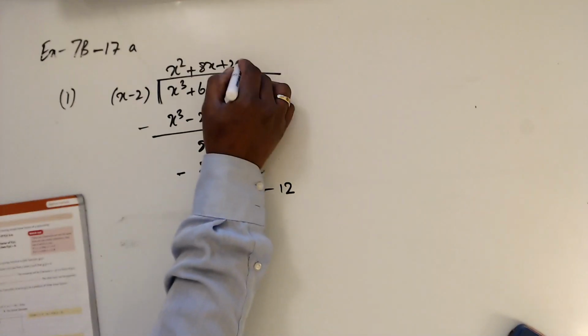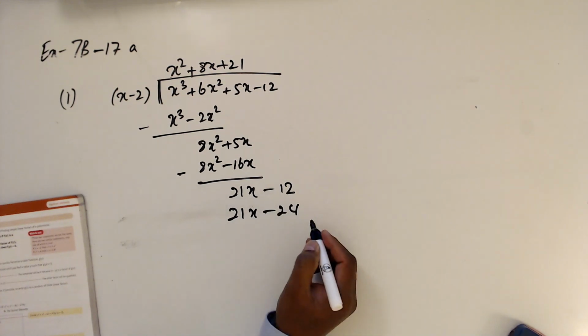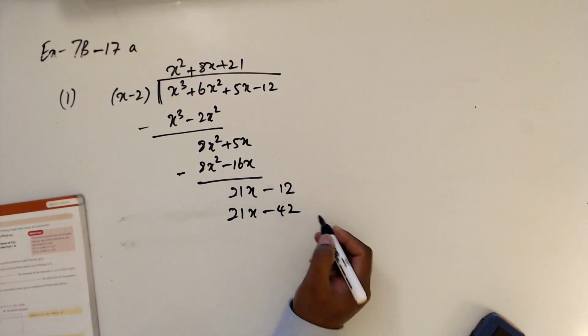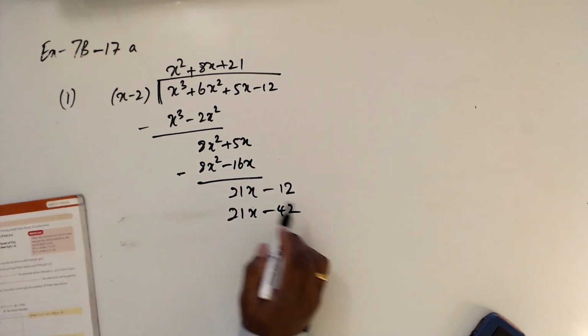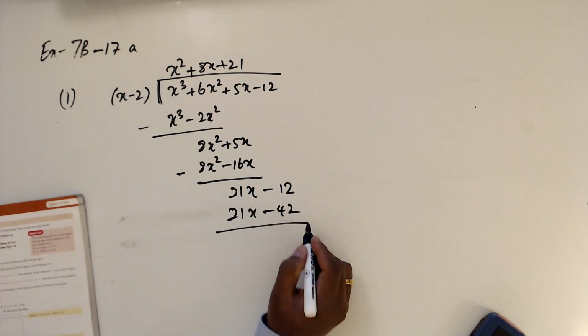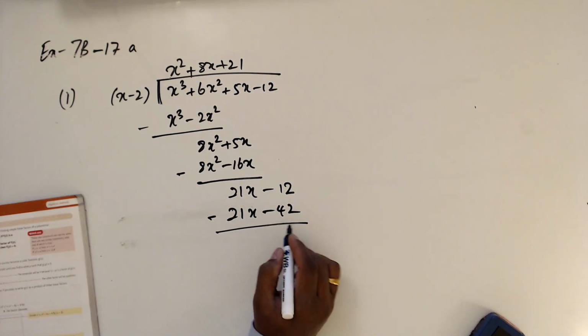Then 21x, 21 times 2, 42, and plus times minus minus. And when you minus those two, you will get 30.